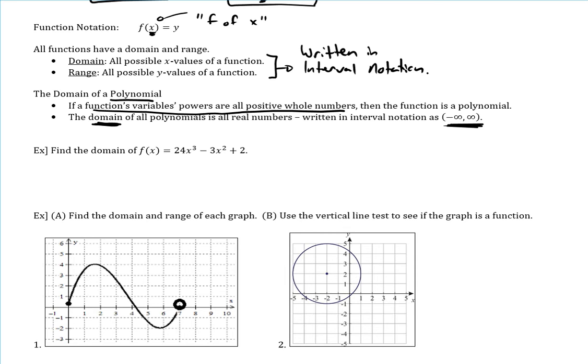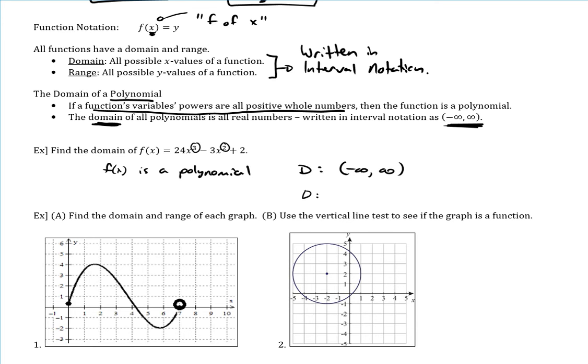So for instance, this wants us to find the domain of this function. Well, looking at those powers, those are positive whole numbers. So that means this is a polynomial. So f of x is a polynomial. And so what that means for our domain, let's do d with a colon for our domain, is that it's negative infinity to infinity.